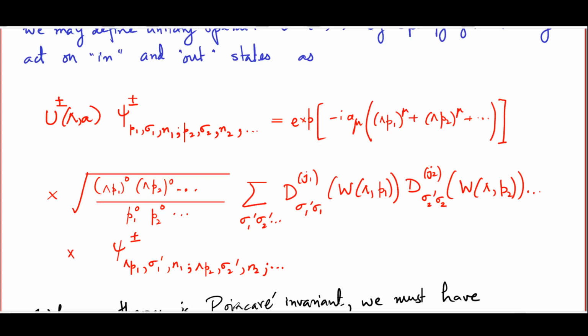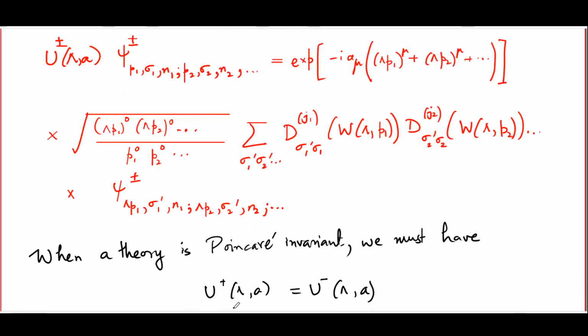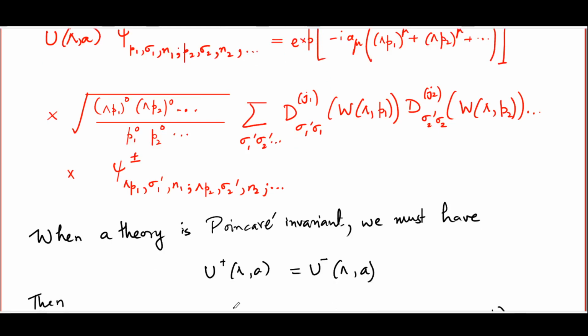In order that the theory be Poincare invariant, we must impose the condition that the operators U plus and the operators U minus, which act on the in and the out states, must be identical operators. This is our definition of what Poincare invariance means. U plus of (Λ, a) must be equal to U minus of (Λ, a), which we can just call U of (Λ, a).